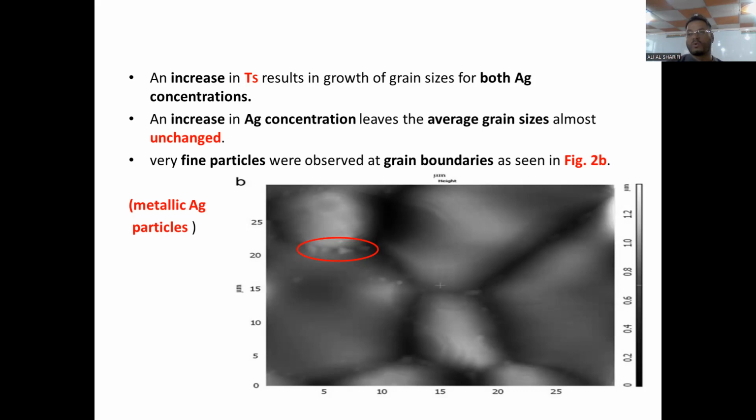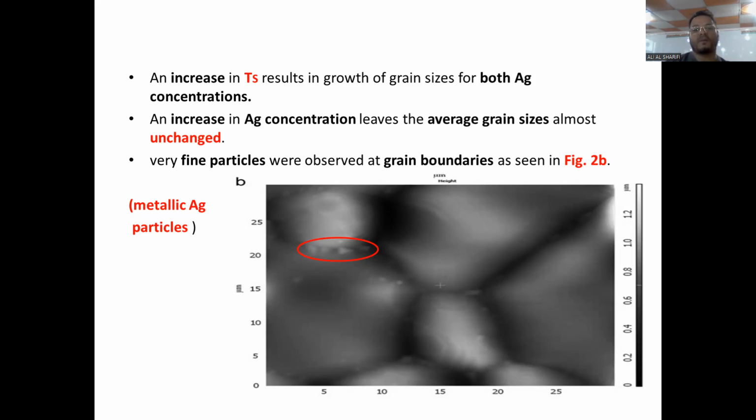Why? What gives the opportunity to these materials to be here? What are these materials? Here the materials are metallic silver particles. And when the temperature increases to a very high number, these Ag particles move away.